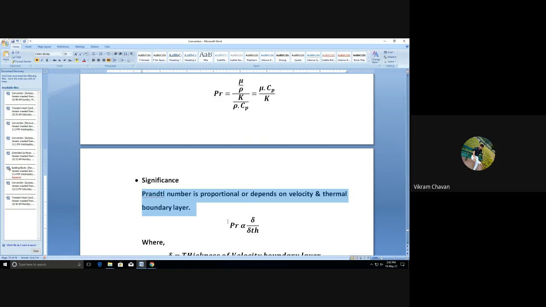So according to the statement, we can write mathematically that the Prandtl number is proportional to delta divided by delta th.